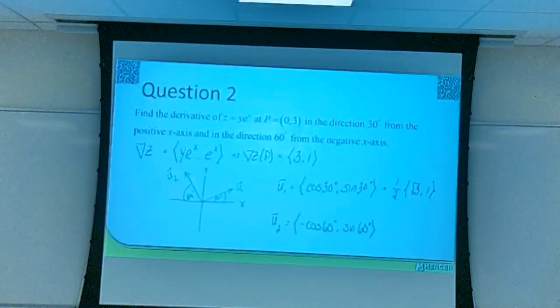Cosine, it would be negative cosine, right? Of 60 and then sine of 60. What is cosine of 60? 1/2. What is sine of 60? Root 3 over 2. And those are your two direction vectors. Notice that they are guaranteed to be unit, because cosine theta, sine theta is a unit vector regardless of theta.